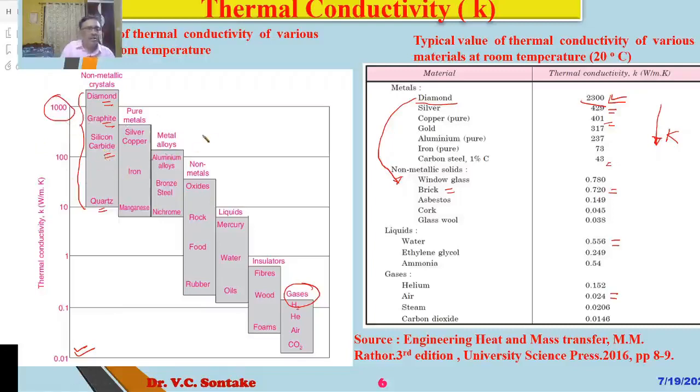However, metals are having highest thermal conductivity in their purest form, but these four non-metallic crystals are the exceptions, followed by metal alloys, then non-metals, liquids, insulators, and least value of thermal conductivity for gases.